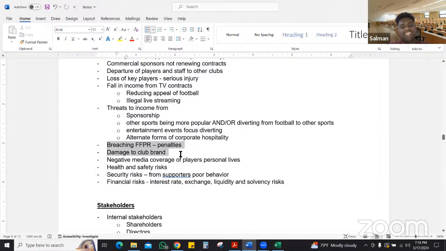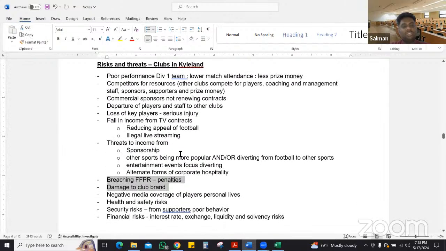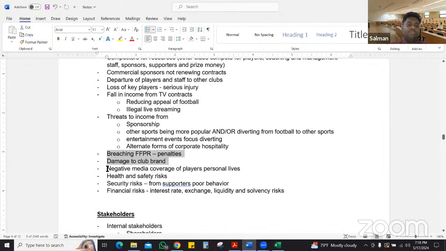Damage to club brand. This is also a serious threat. The club's brand can be damaged. I'm not sure, I can't remember, but there was an actual situation where a club in a lower league, a couple of years ago, due to some of the personnel involved in match fixing, was relegated to a very low league.